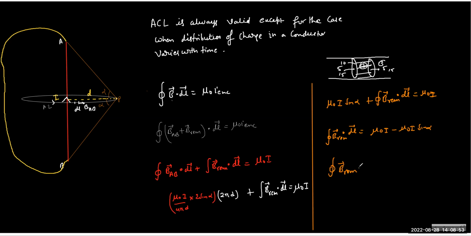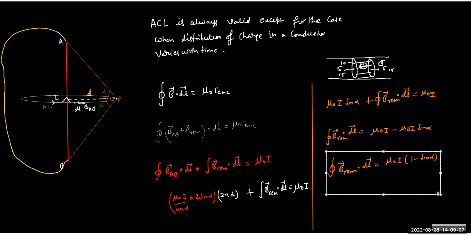So the remaining contribution in the calculation of the flux, B dot dl due to the remaining, we got the answer. It is mu naught I into (1 minus sin alpha).